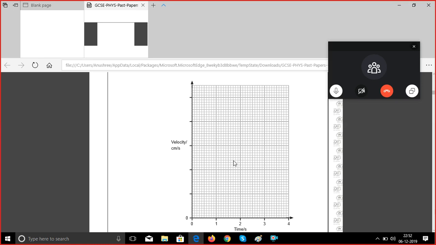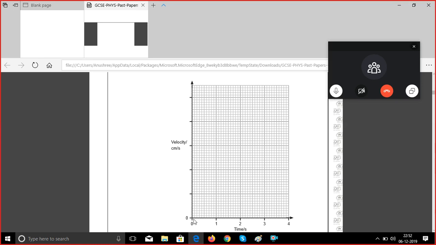At 0 seconds of its motion, the velocity was 24. So at t equals 0 seconds, the velocity is 24 centimeters per second.